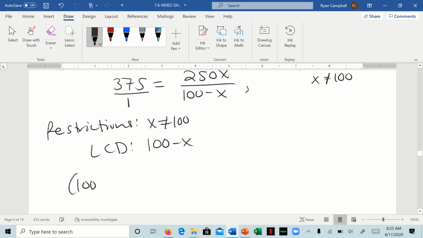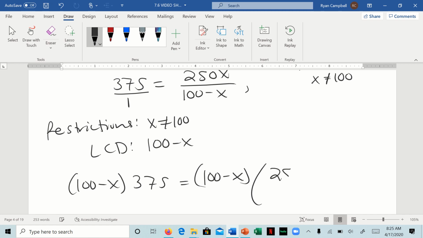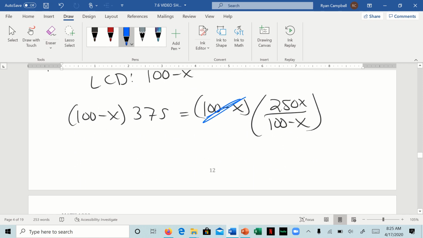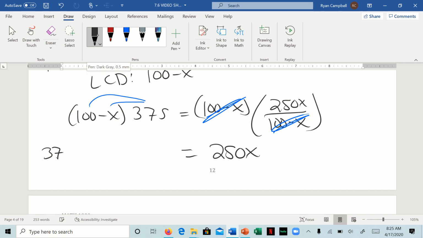So we do 100 minus x times 375, and 100 minus x times 250x over 100 minus x. On the right side those cancel, so you're left with 250x. On the left side, you get 37,500 minus 375x.